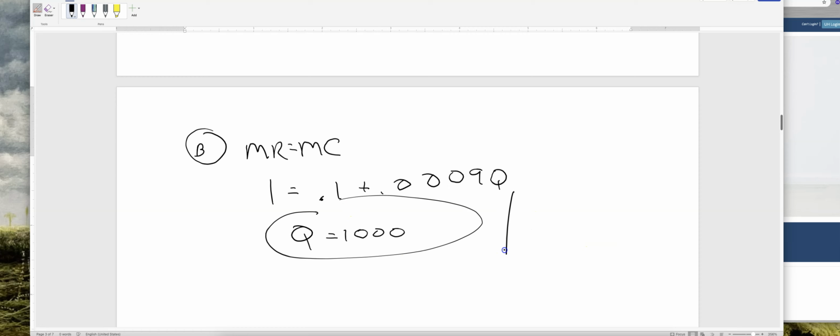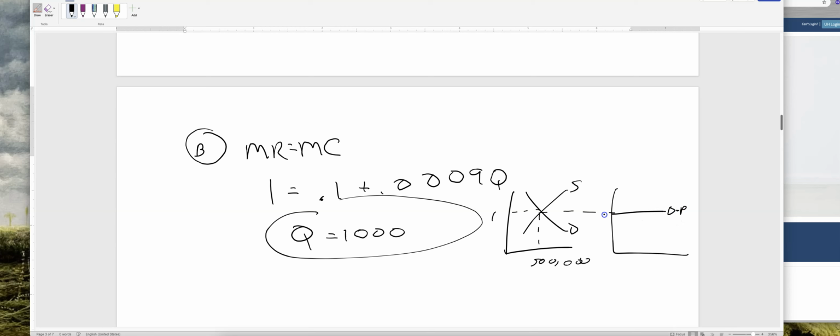So combining A and B together, for this perfectly competitive firm the price would be $1, and with a marginal cost looking like that, each of these firms would make 1,000 units.